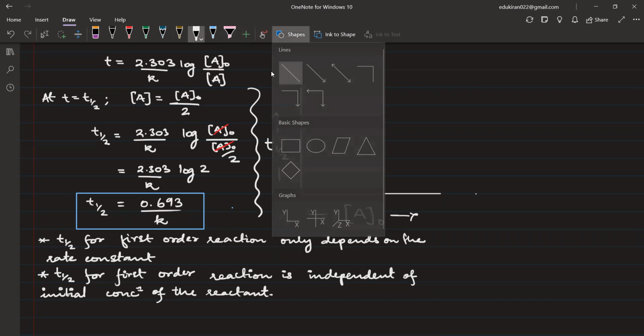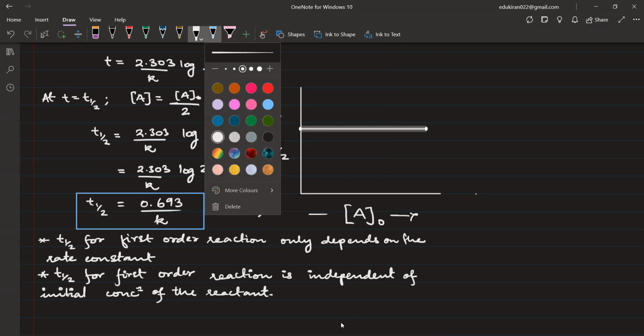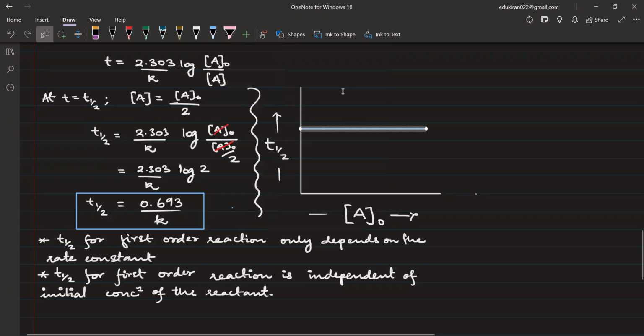So since it is not dependent, it will be what? A straight line parallel to the x-axis. Because no matter what the initial concentration is for the reactant, the T half is going to be some constant. Okay. It is not dependent on the initial concentration.